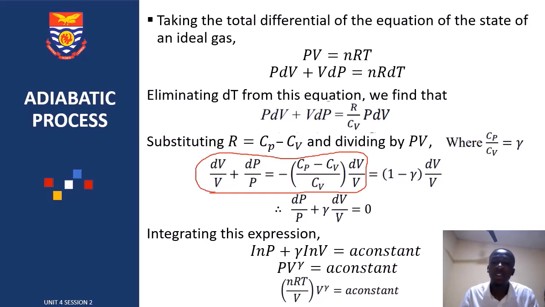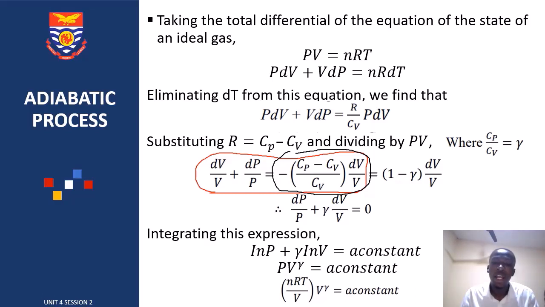Taking only this part of the expression, we can represent it by 1 minus gamma in a bracket, dV over V, because we already know that gamma is Cp over Cv.